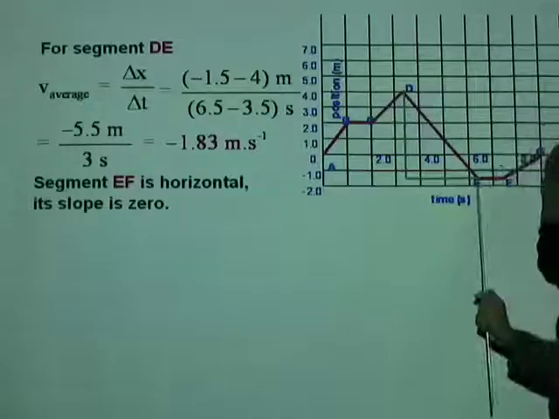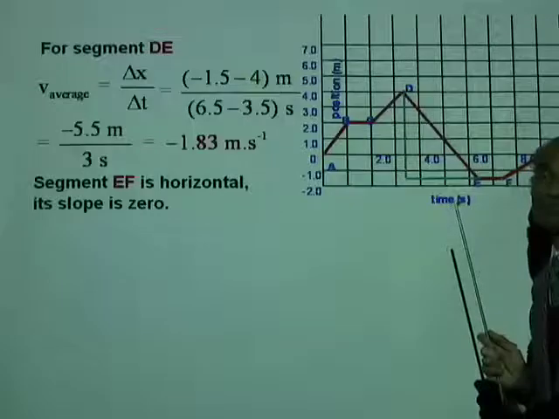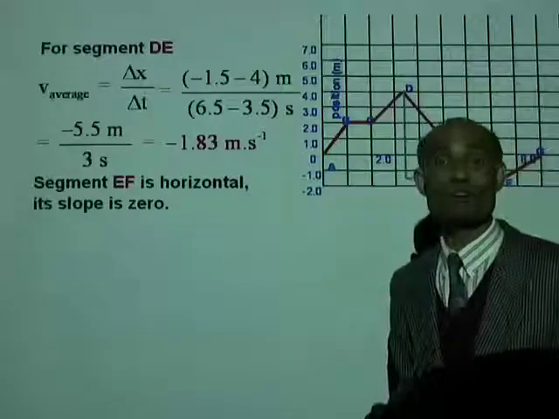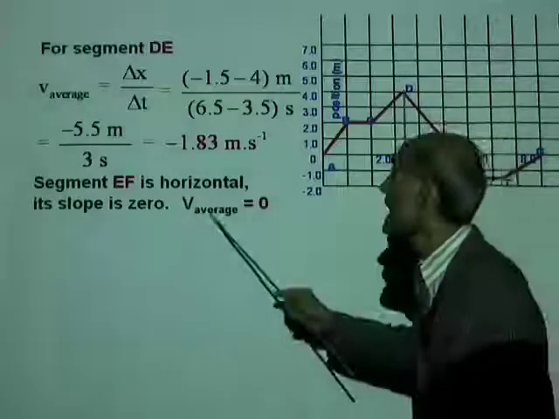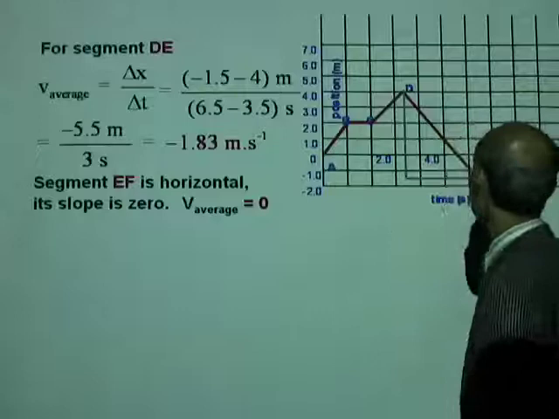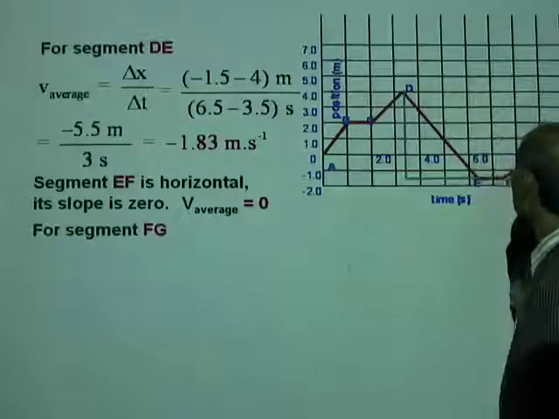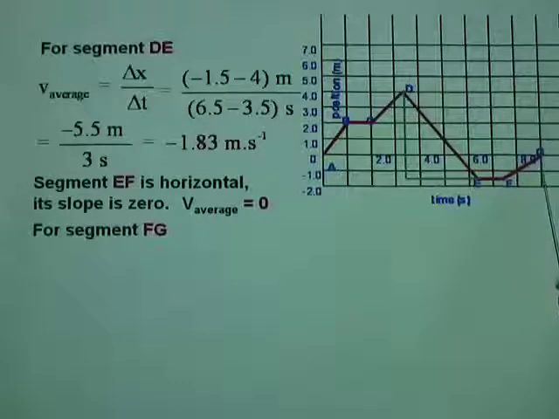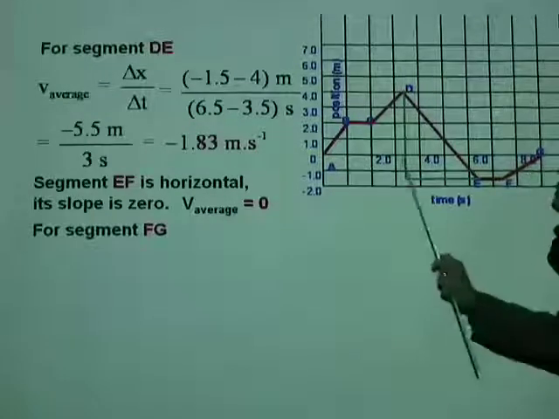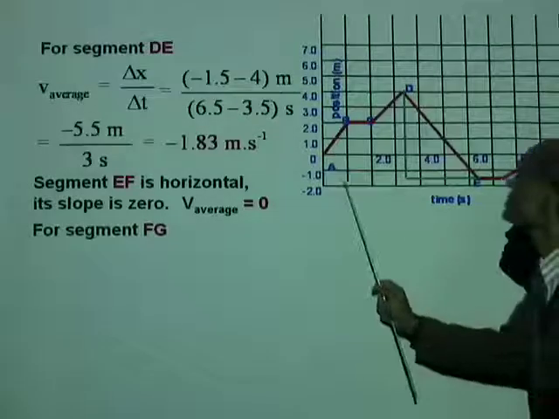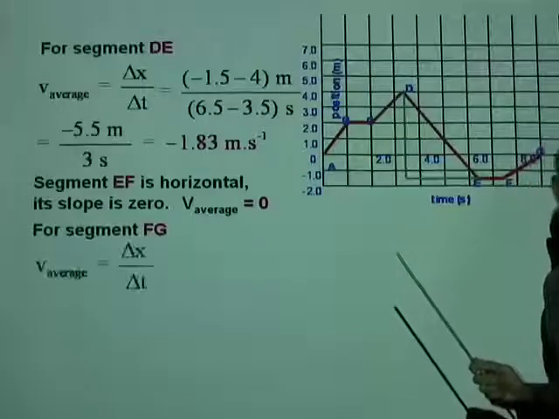How about the segment EF? Again, EF is horizontal. The slope of a horizontal line is 0. The average velocity there is 0. Alright, how about FG? Can you tell me what is the change in position? The final position is 0. The initial position is negative 1.5.